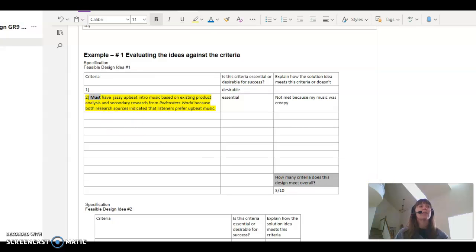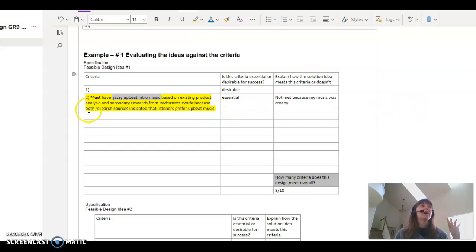I've identified whether this is essential or desirable by using must, it's essential. I wrote what has to happen. It has to have jazzy, upbeat intro music. I decided this was important, essential, if you will, to success of this podcast because of 1, existing product analysis, and 2, my secondary research from Podcasters World.